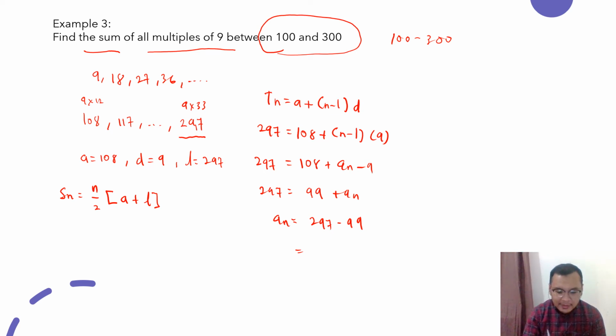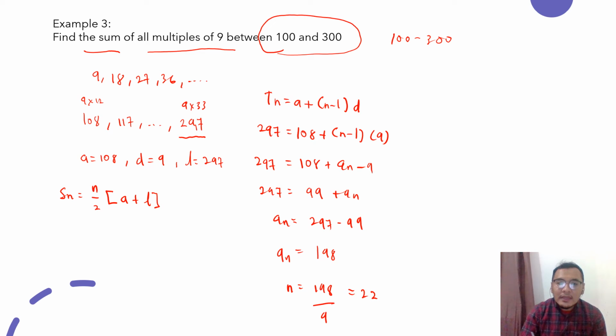How many, students? So we can get 198. 198 equal to 9n. So n equal to 198 over 9. And we can get how much? 32. Sorry, 22. Okay, that's correct.